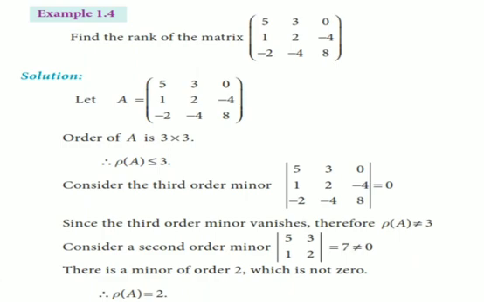So you move on to the second order. Consider the second order minor 5, 3, 1, 2. You multiply: 2 fives are 10, minus 1 three is 3. 10 minus 3 is 7. 7 is not equal to 0. So there is a minor of order 2 which is not 0. Therefore, the rank of A equals 2.